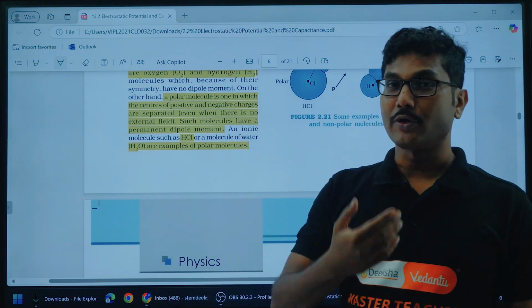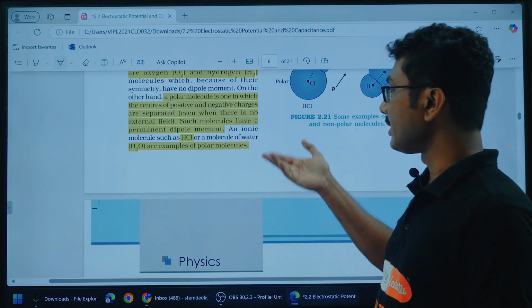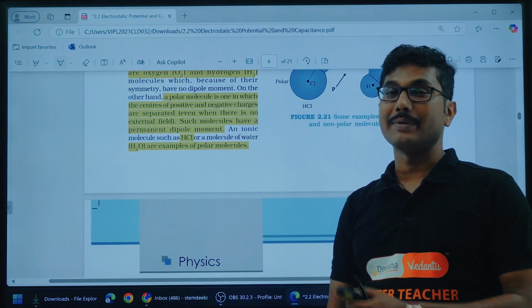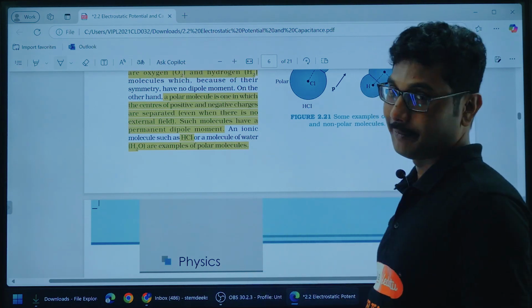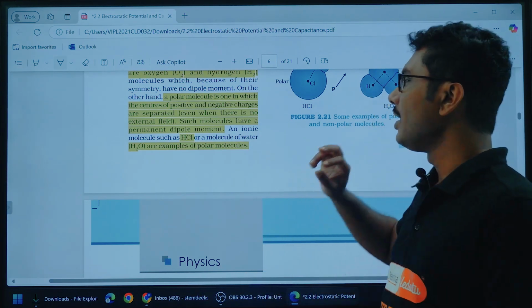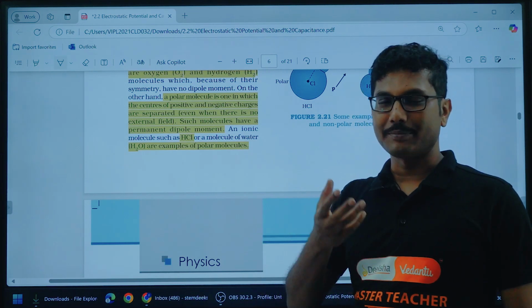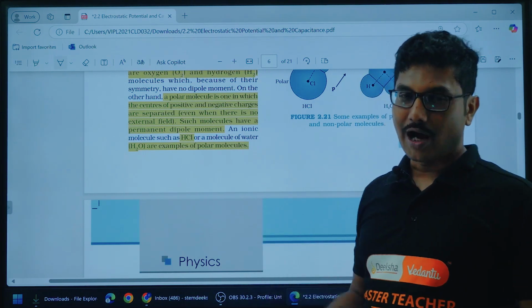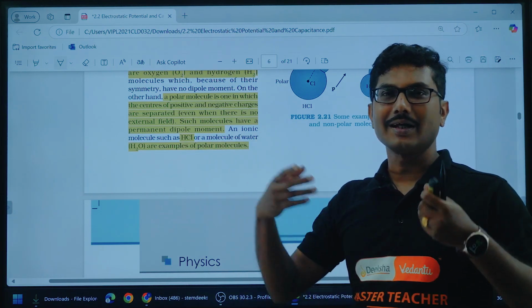You can relate it to your chemistry chapters. There are a few polar molecules, and all the polar molecules can be considered in the same way. In chemistry and physics, it is the same thing. Only the direction is different. Chemistry treats properties slightly differently than we do. Our main interest is the electrical properties, while their main interest is the chemical properties.